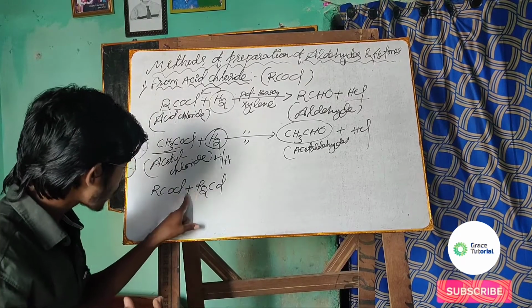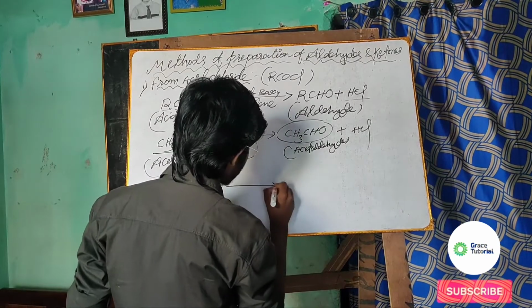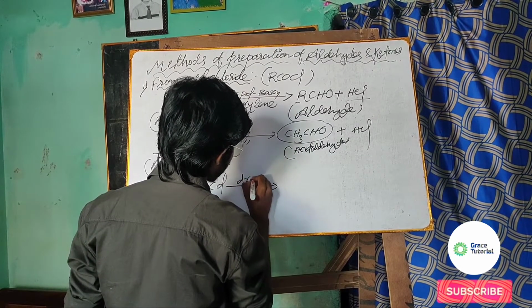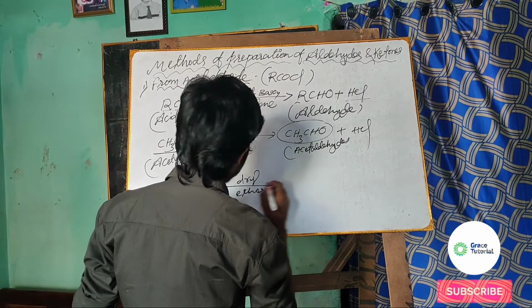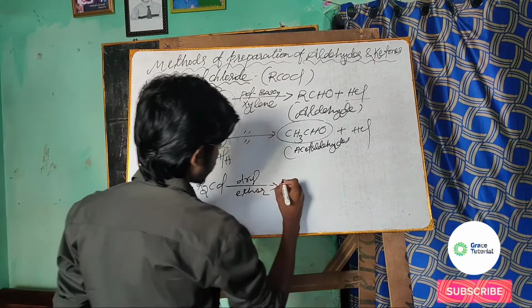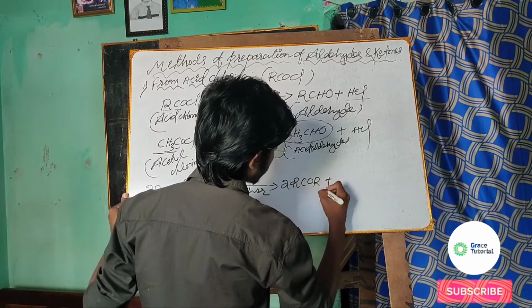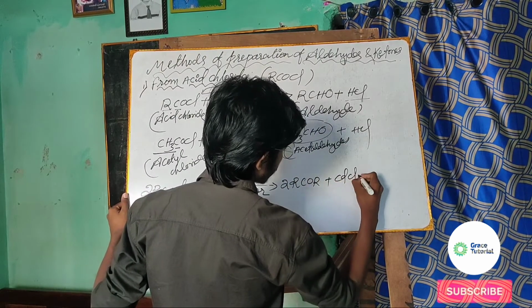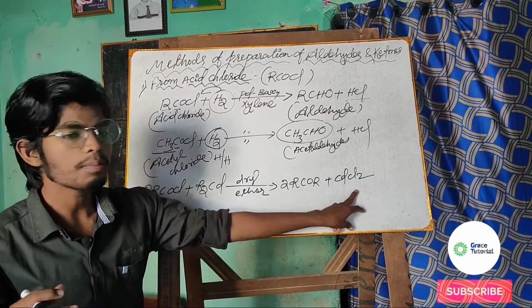So when acid chloride reacts with dialkyl cadmium, what generally happens in the presence of dry ether? Ketone is formed, along with cadmium chloride.